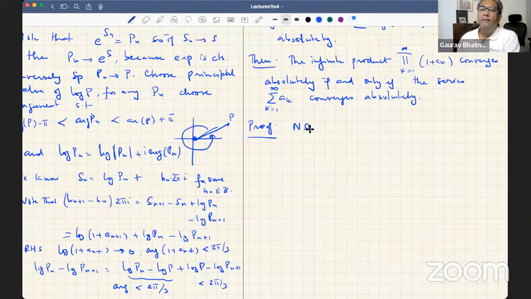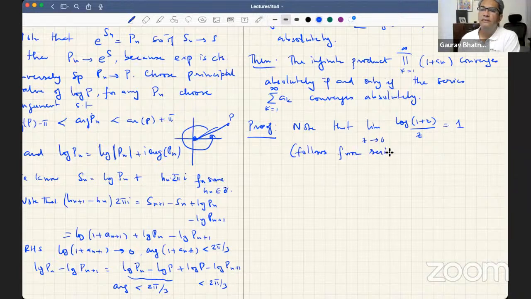We recall, note that the limit as z goes to 0 of log of 1 plus z over z minus 1 is equal to 1. This is elementary calculus, but it also follows from the series for log of 1 plus z.